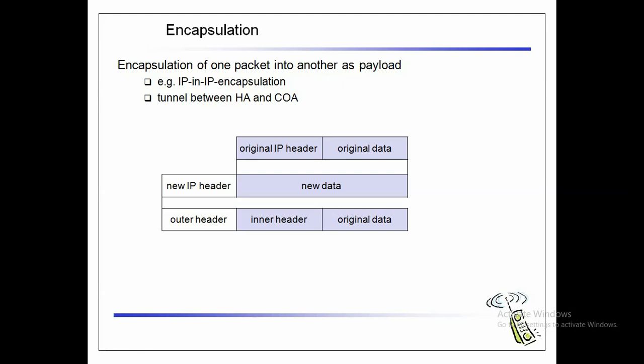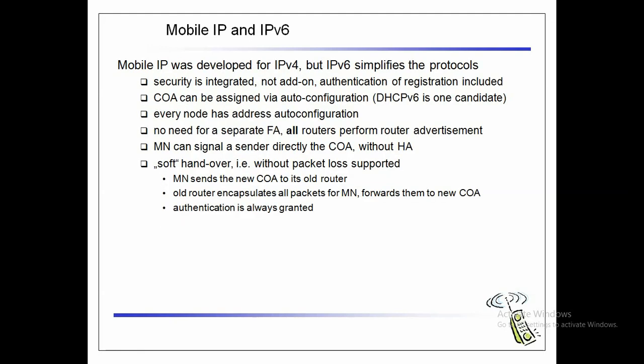There is also minimal encapsulation. Now, mobile IP and IPv6. Mobile IP was developed for IPv4 and IPv6, and it simplifies the protocols, and security is integrated, not an add-on, and authentication of registration is included. Care of addresses can be assigned via auto generation or DHCP.